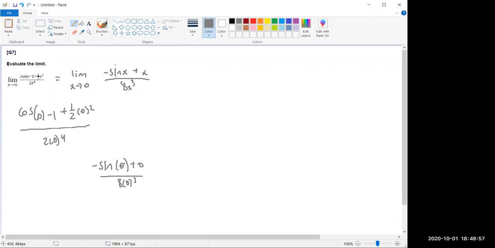Negative sine of 0 is, is that 0? What was sine of 0? This point here is 1, 0. Sine is the y value. Yeah, it's 0. So this is still indeterminate form, which means we need to take the derivative again.